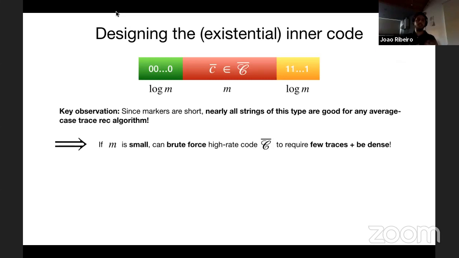So you can make sure by brute forcing that your code C bar has good trace reconstruction properties, and second, that it is dense, which allows for this trace alignment procedure.